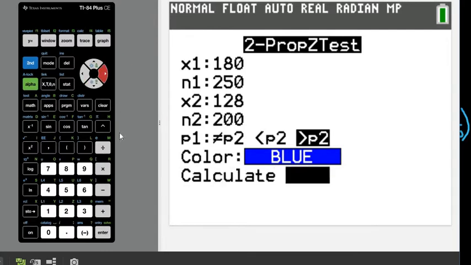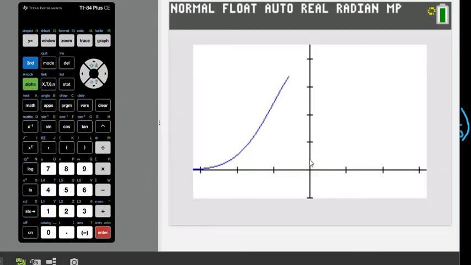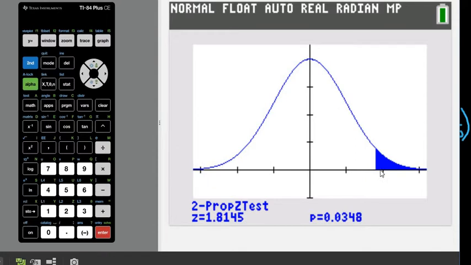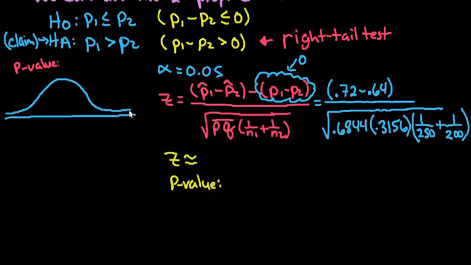And I'm going to go down and I'm going to draw this, and then that way I know how much to shade on my picture. So we can see that we don't need to shade very much. The p-value is 0.0348. Okay, so I'm going to go ahead and shade that in here to match. This is my p-value, 0.0348. And this is my z, which was approximately 1.8145.